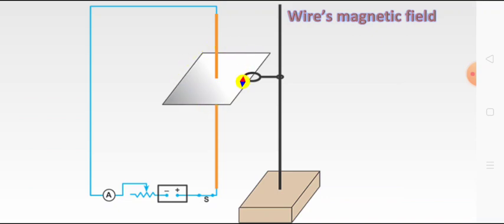As the magnetic compass is moved close to the wire, we find that the pointer keeps on deflecting, and if we plot the points together, then we will obtain a circular pattern. This means the magnetic field created around a straight current carrying conductor is circular. It is in the form of a circle.